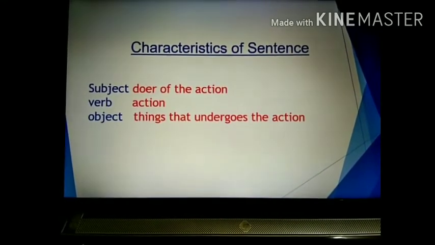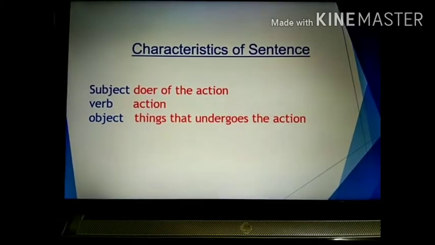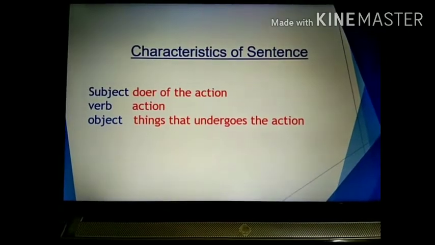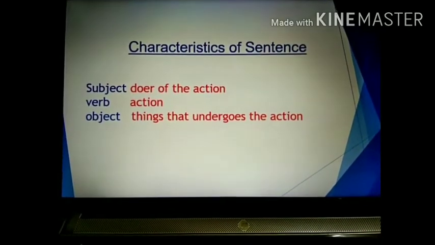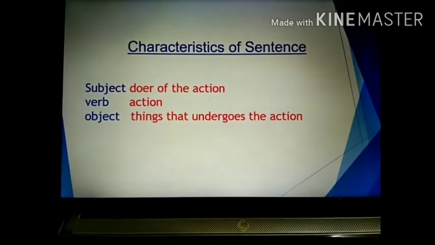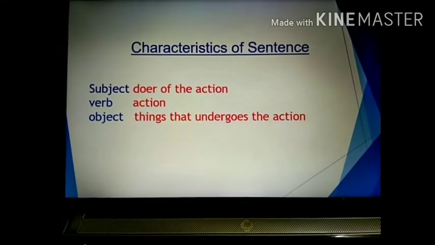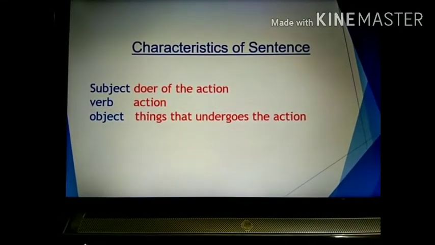Basically there are three main parts of a sentence, that is subject, verb and object. Subject is the doer of the action. Verbs are basically action words, and object undergoes the action.